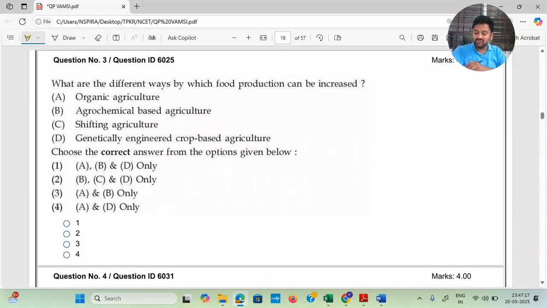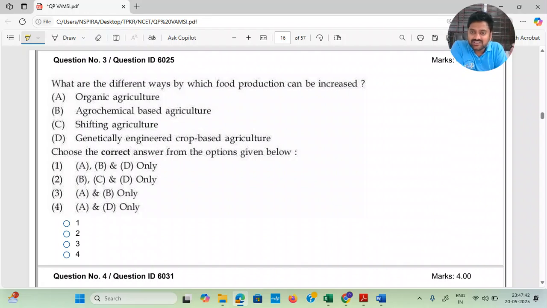Third question. What are different ways by which food production can be increased? Yes, organic agriculture can increase food production naturally. Agrochemical based agriculture, yes, can increase food production, but over a course of period, it is going to damage the efficiency of land.